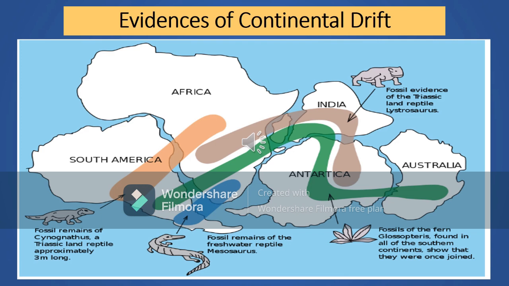Evidences for continental drift theory. Before, dinosaurs roamed the entire supercontinent. As Pangaea broke up, reptile populations became fragmented and isolated on new continents.